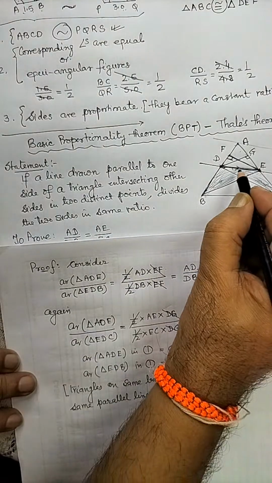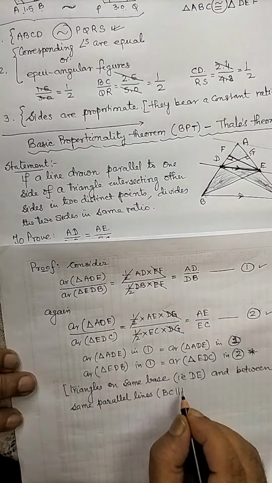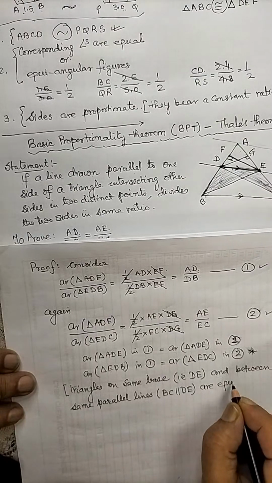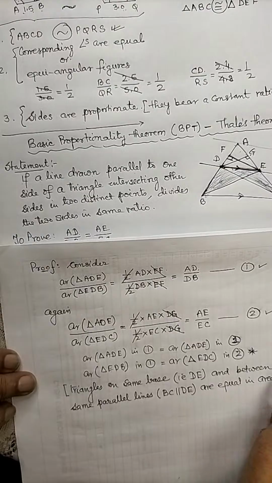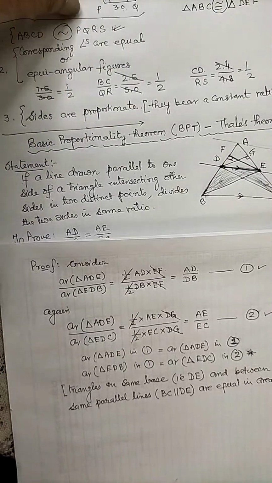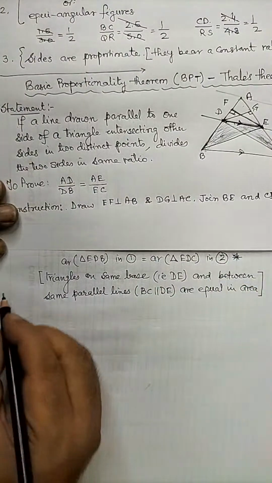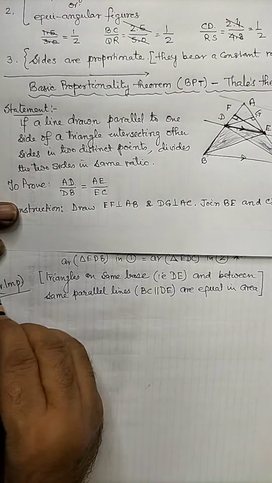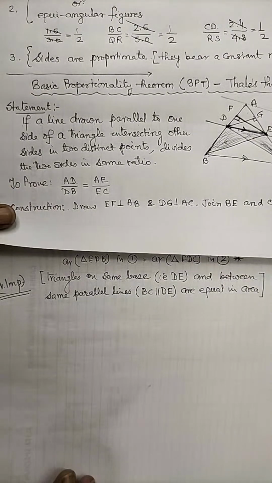Here what are the parallel lines? DE parallel to BC, BC parallel to DE are equal in area. ये बहुत important theorem है which you have learned in class 9. Fine. This is very important step. You have to note it. Clear? Now the things are very simple.